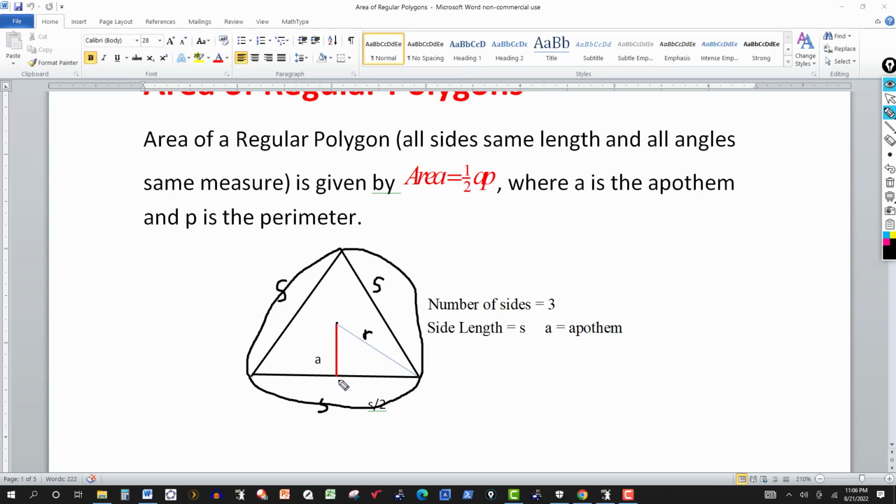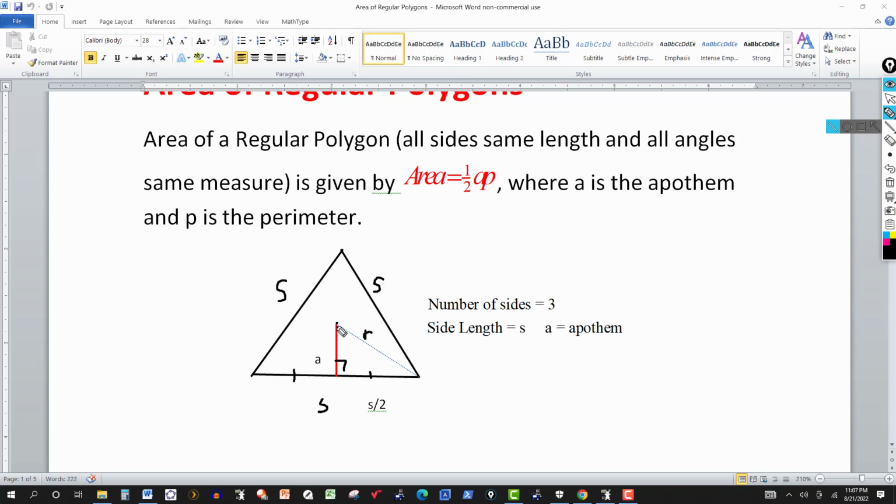And this is actually a right triangle, because when you drop this apothem, this becomes a right angle here. So these 2 sides are the same length, half of whatever the side is. In this case it's S, so each side is S/2. So we can use this triangle to find the length of the apothem.